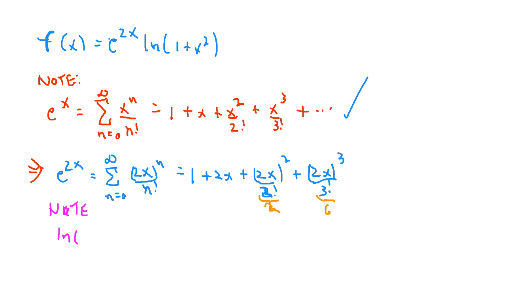The power series for the natural log of 1 plus x is equal to this series here. It can be shown to be this series, and this series is one you saw back in section 8.6, I believe.